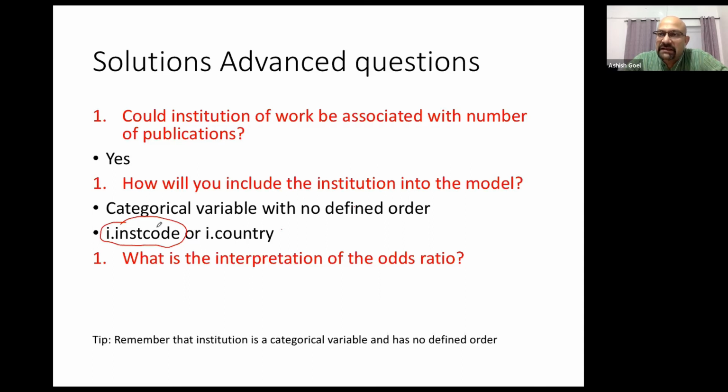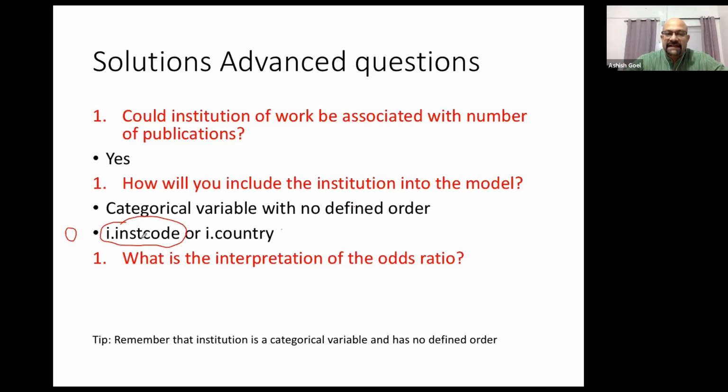And you decide that any one of those institutions could be used as the baseline institution, and give that institution the code of 0. And when you then regress it using your previous command, logistic publication category and i.institute code. So if you had created a new variable and named it inst code, which is just a code number for each of the institutions, when you run the command, you give it i.institute code.